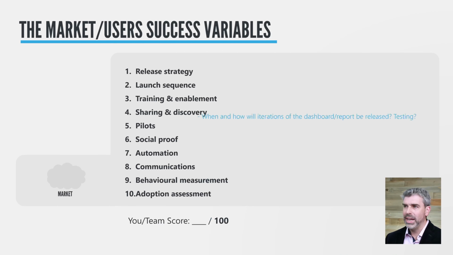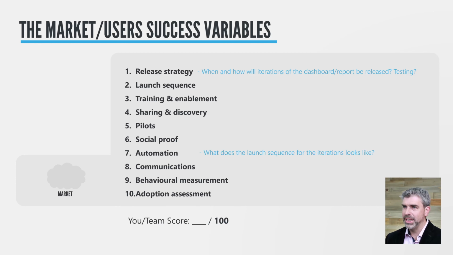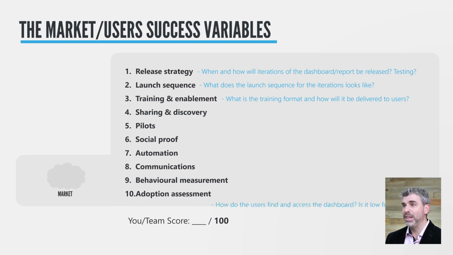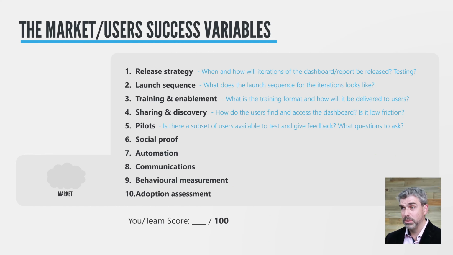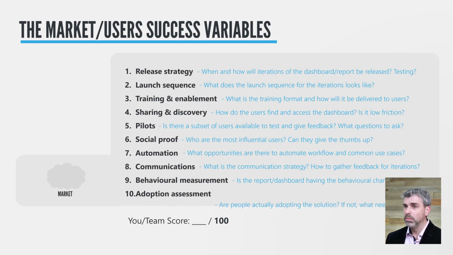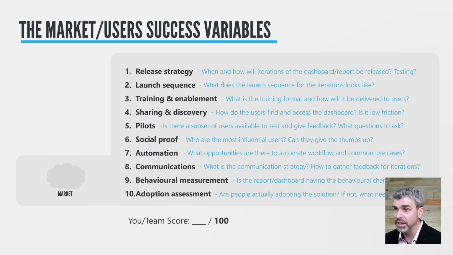If done well, however, people will be pumped and excited about your product. I appreciate that these variables may be a little harder to score against, but please pause the video, give yourself a shot. You might need to look up some of these and get a better idea of what they are and what they mean. But we have to power on here. We've got a lot of material to cover.